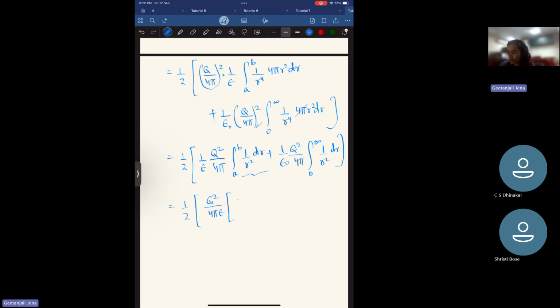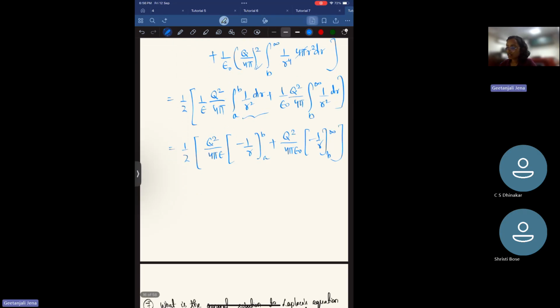By definition, for the first region it is minus 1 by r from a to b, and the second is Q square by 4 pi epsilon naught, minus 1 by r, 0 to infinity. Sorry, there is a minor mistake. This should be b to infinity, right? Because we have already considered the inner region.